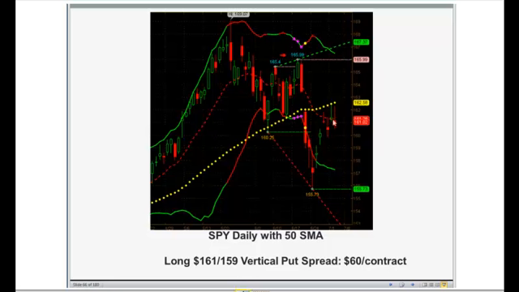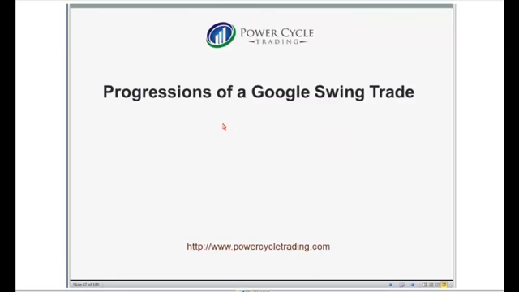Now, if it closes over 161 and I still have the spread on, I lose 60, but I potentially can make 140, and my capital cost is 60, so that's a 233% return. So if you have a system that you feel confident in for direction, then I really like using weekly options for spreads.